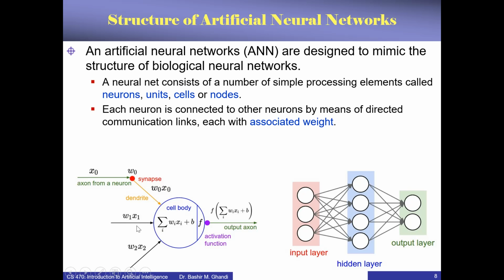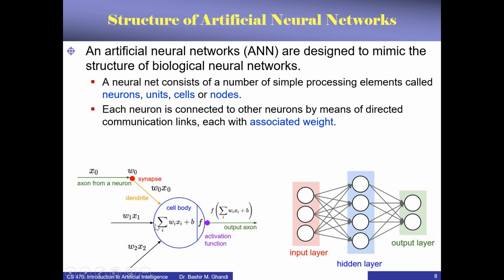In comparison with the biological neuron, you can imagine therefore that these links are the dendrites, and the synapses are actually the weighing of these inputs by multiplying them with certain weights before they are later combined inside the cell body.